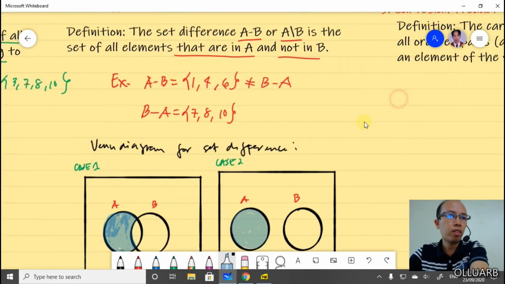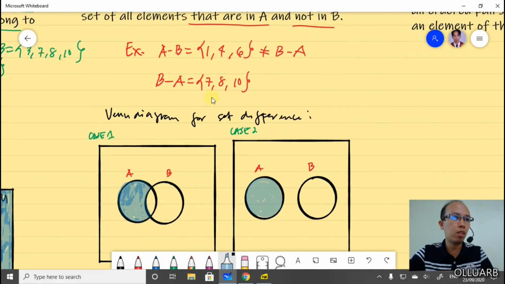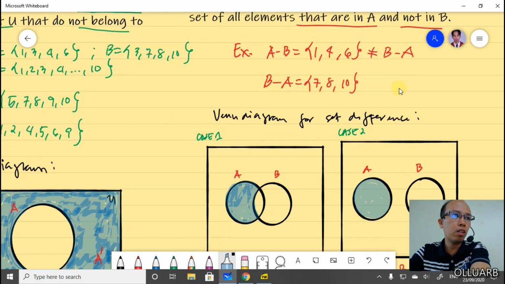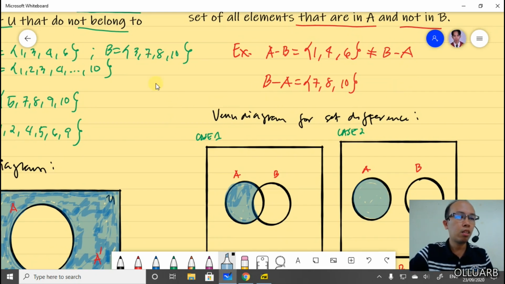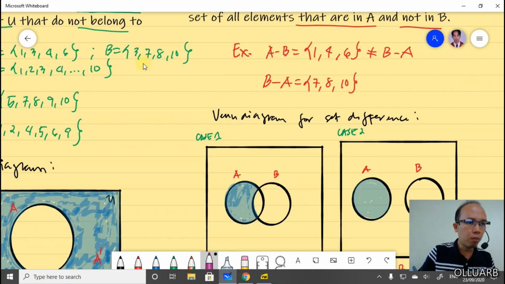So let's have this illustration. These sets here are the elements of the sets A and B. Let's try to put the elements here. For example, A has 1, the common element is 3.